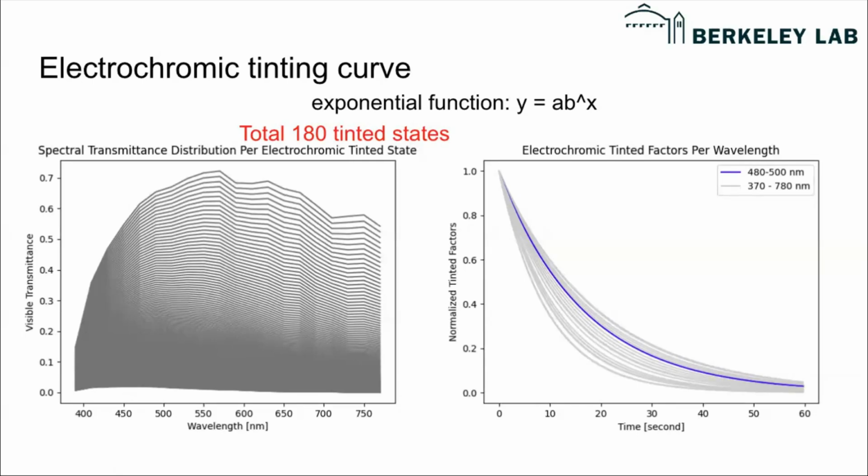So that goes to 180 tinted states. You can see that in the beginning the tinting is much faster, the drop in visible transmittance is at a much faster rate, and then it decreases as it gets darker. On the right, you can see this exponential curve for the tinting.